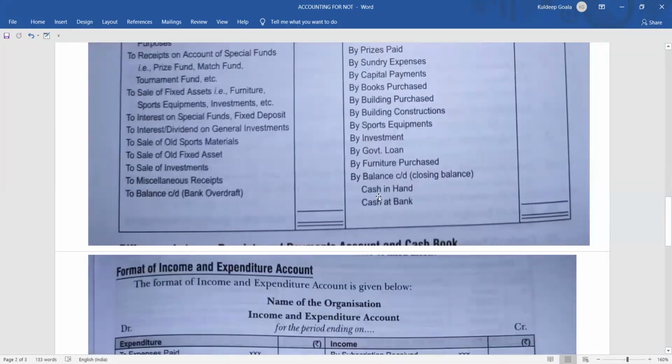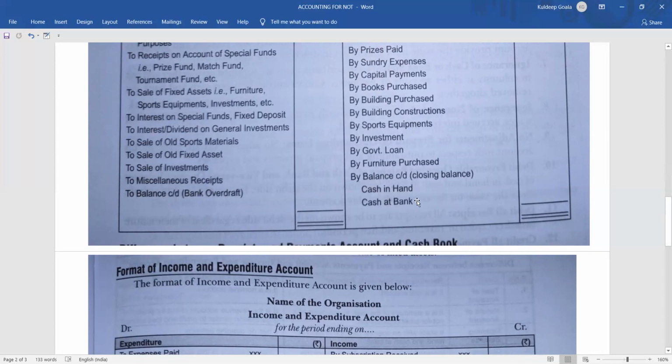It can be either cash in hand or cash at bank, but sometimes the question gives the balance of cash in hand or the balance of cash at bank. Then if the debit side is more, that will come as by balance carried down, cash in hand as the balancing figure, or cash at bank as the balancing figure, anyone.